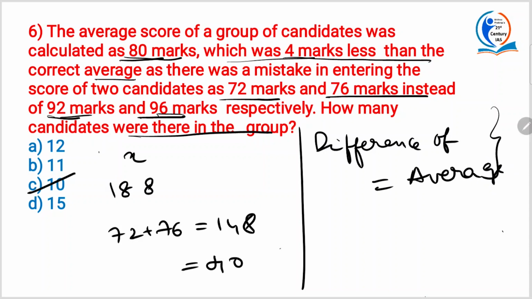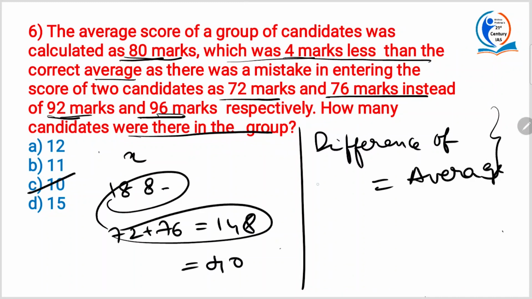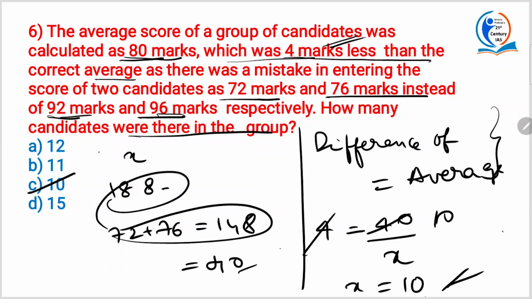Alright. So with that concept, now what is the difference between the old average and the new average? It is 4 marks, right? So 4 is equal to, what will you get? Difference 40 by total number. Okay, so 4 ones are 4, 4 tens are 40. So x is equal to 10.